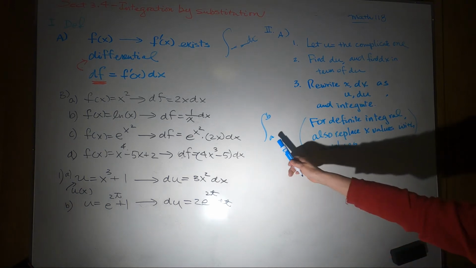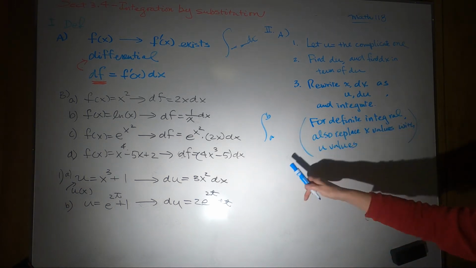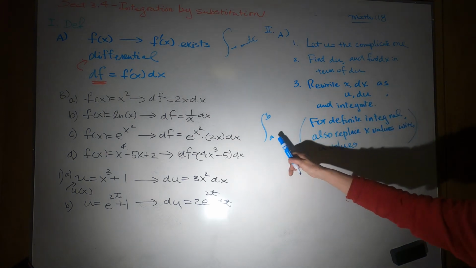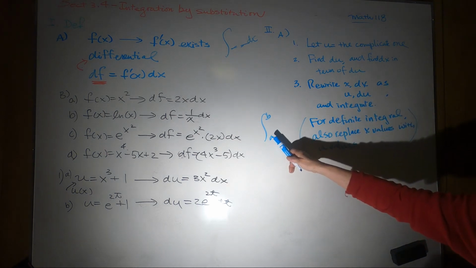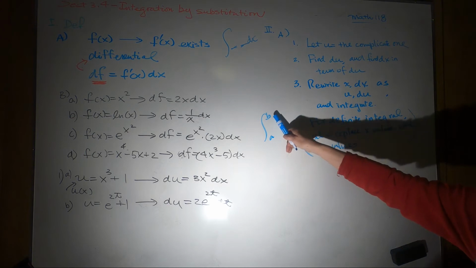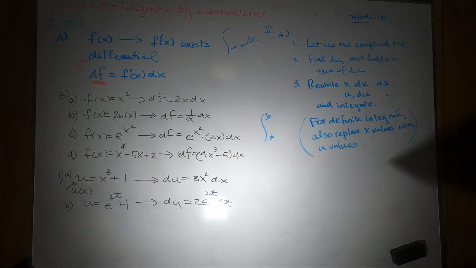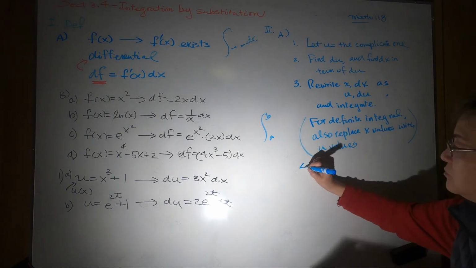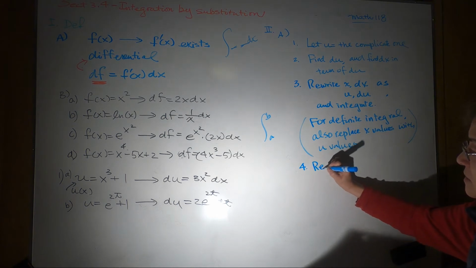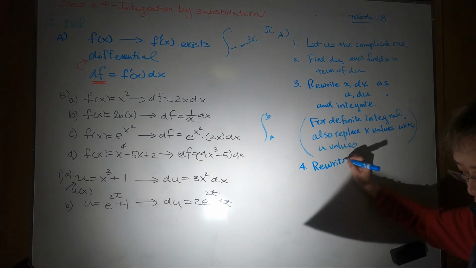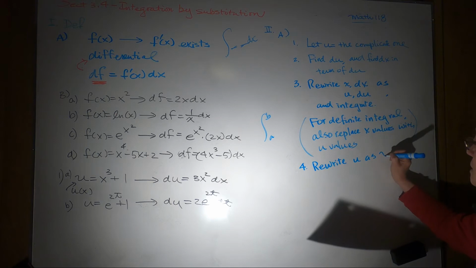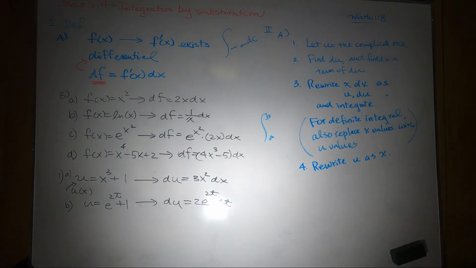Because it was x from a to b, now you have u, and the u would be the corresponding values of those points, right? Then when we finish the answer, we will rewrite u back to x. That's how we are going to do it.